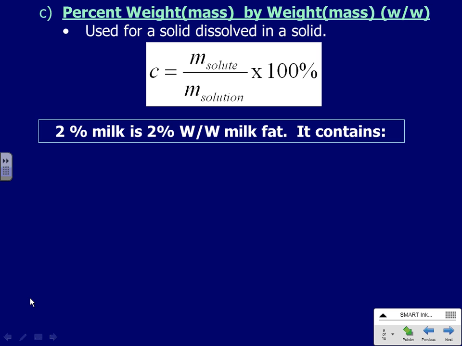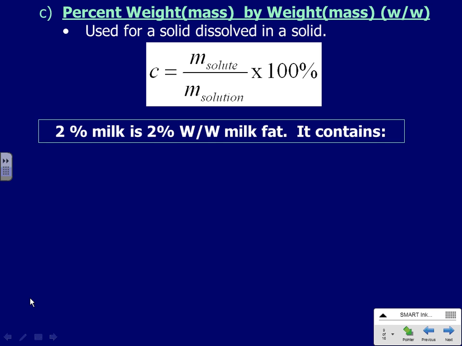So if you have 2% milk, that's 2 grams of milk fat in 100 grams of the milk. And I don't know why they've chosen that particular convention. But as long as it states it on there, we know that we can deal with it.